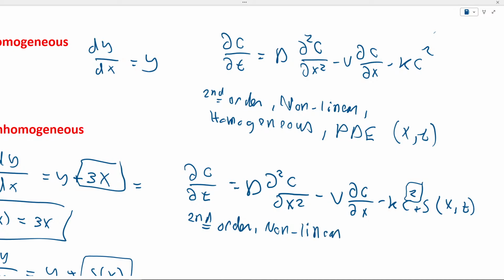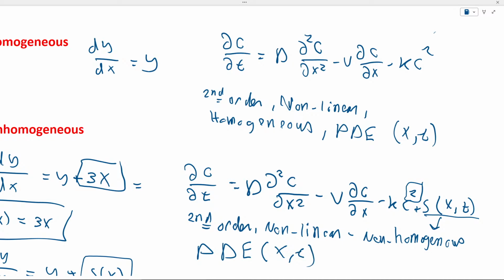It is non-homogeneous. Why is it non-homogeneous? Because I have a source and sink term here. And it's a partial differential equation because I have two independent variables, which are x and t.